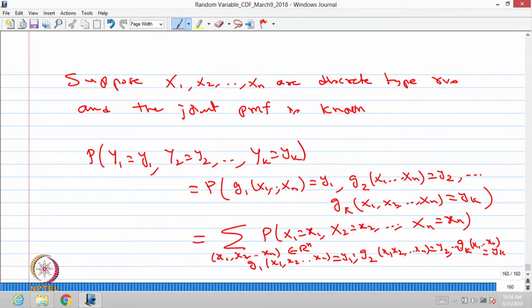So this is a probability mass function for a k dimensional random variable. This is the joint probability mass function of the k dimensional random variables y1, y2, and so on, yk.